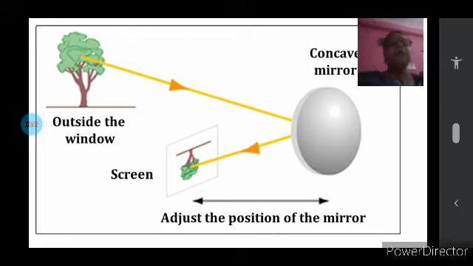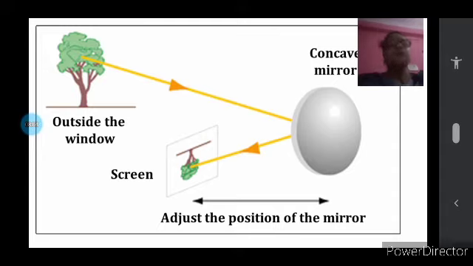Now in this picture you can see, children, a screen is shown, and outside the window a concave mirror is being held, and they are holding a screen and trying to get the image. Now when we are able to get the image on a screen, what type of image is it, children? Very good. It is a real image, and the real image will be inverted.